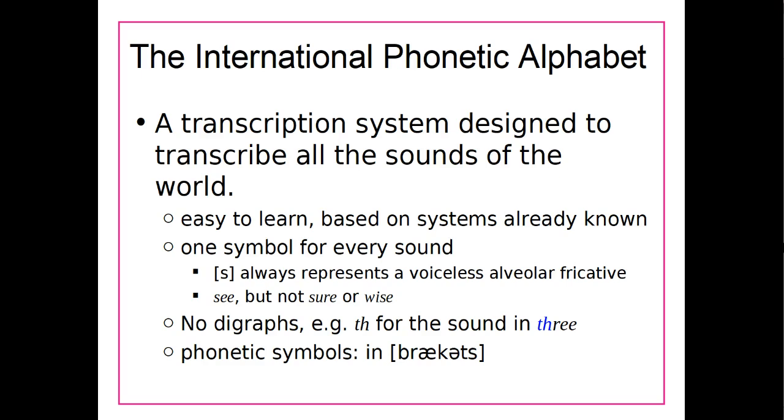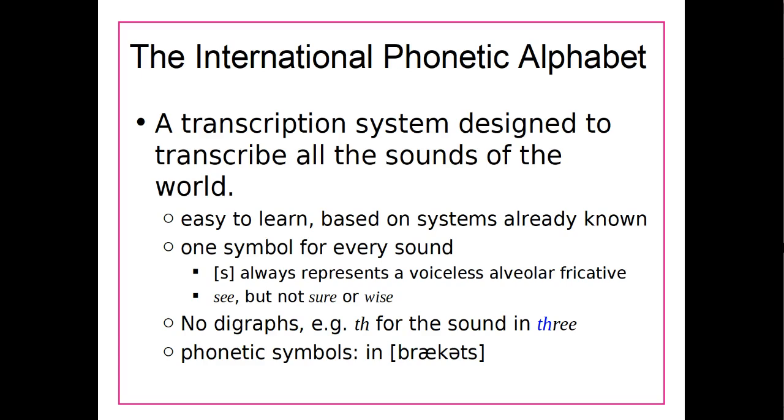So this alphabet is based on certain letter systems we already know. A lot of them will be based on English letters, but not all of them. And we'll have one symbol for every sound. So, for example, the letter S in the International Phonetic Alphabet will represent a voiceless alveolar fricative.